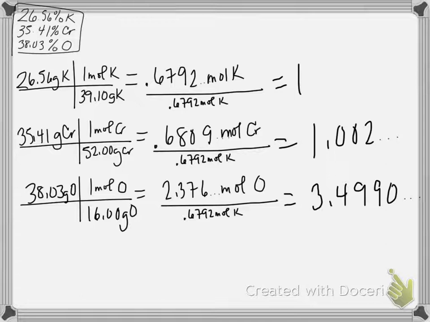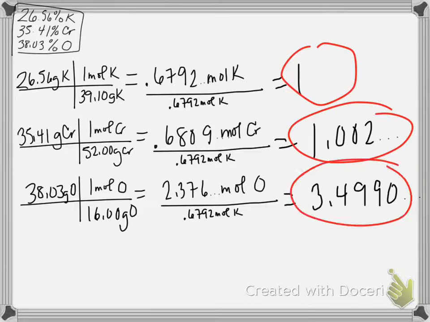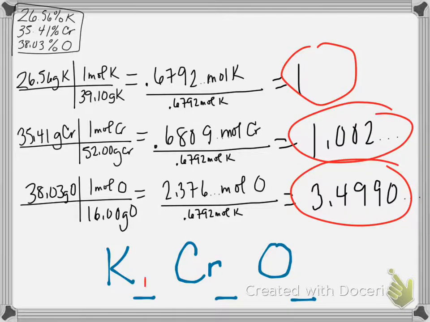So what are our subscripts? Remember, we're going to derive our subscripts from these numbers. So does it look like this, where these would be 1 and 1 and 3.5?